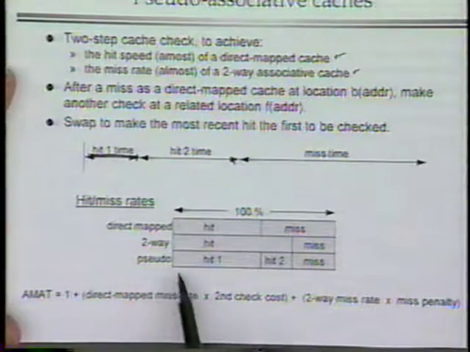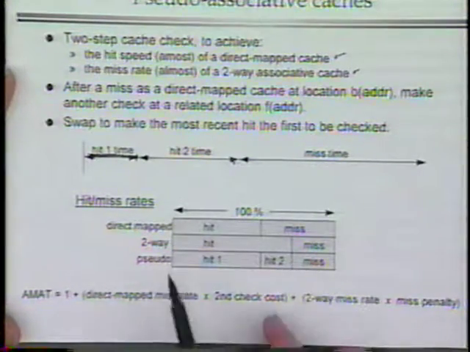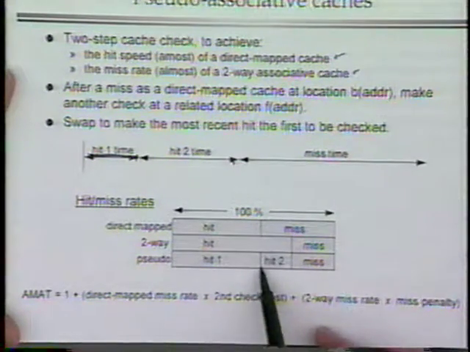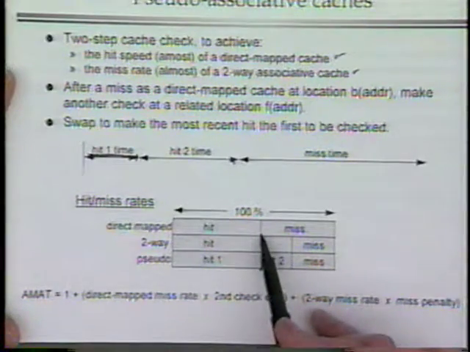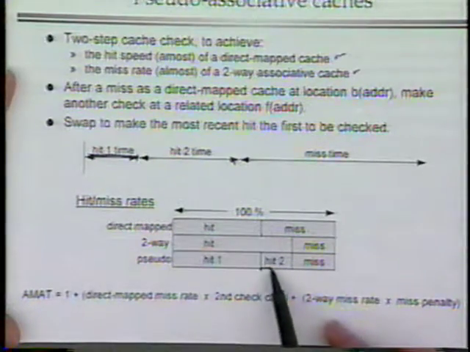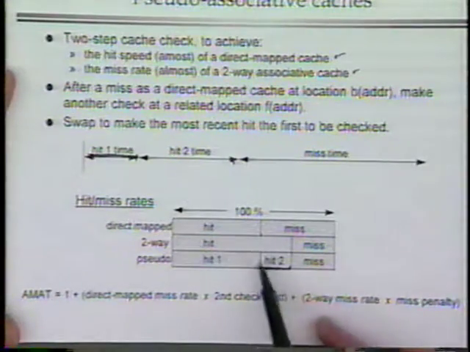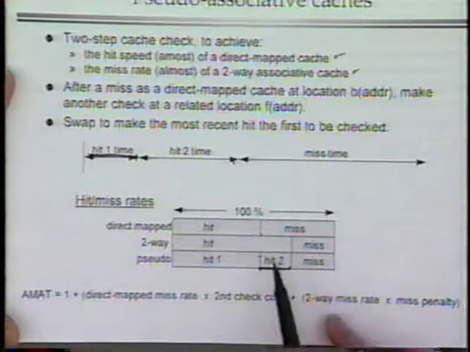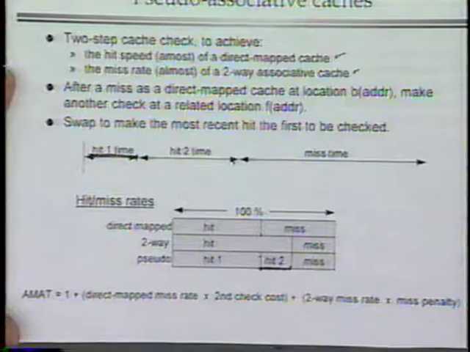And then this pseudo-associative cache gives us a three-step process. We hit in the pseudo-associative cache at the same rate we would in the direct map cache on the first try. And the second try gives us all of the additional hits that the real two-way associative cache would give us, and then we miss the same amount of time.